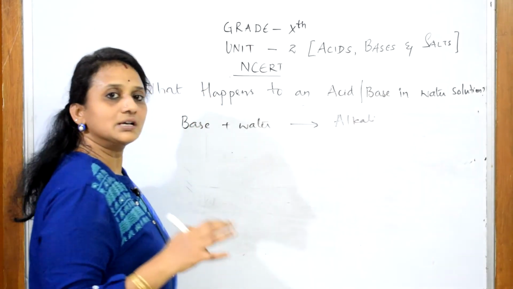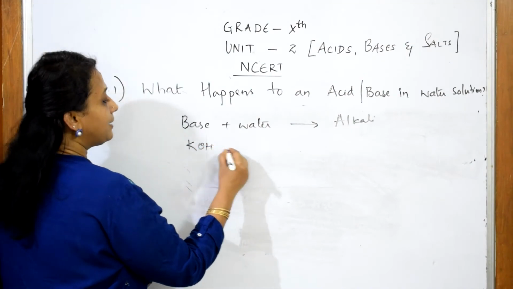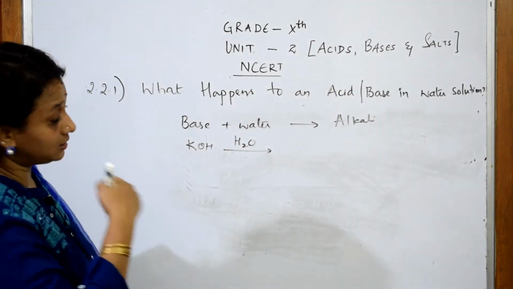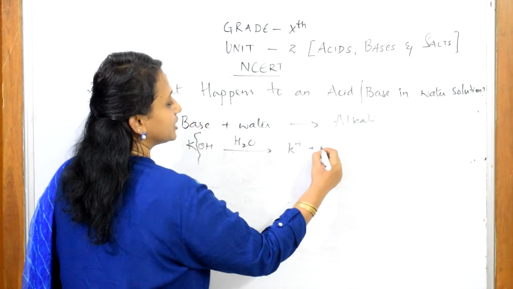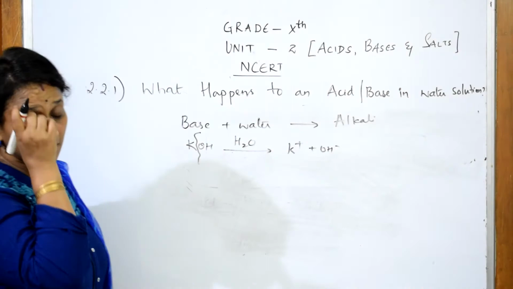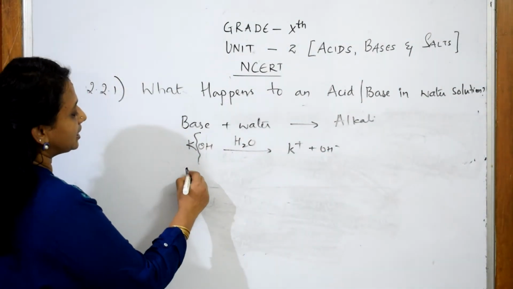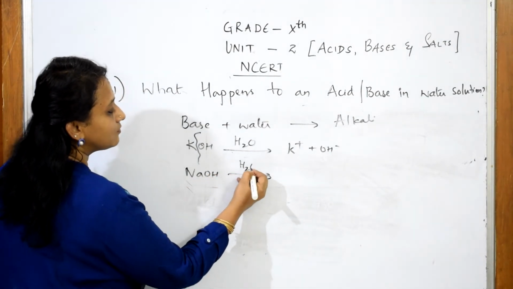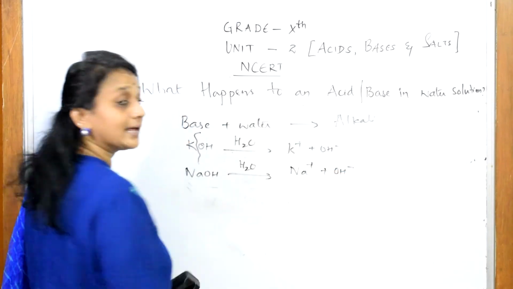Now suppose I am taking potassium hydroxide. I am dissolving it in water. What happens? Immediately in water, this breaks up into two ions, K plus and OH minus ion. Correct? Because of this, I call it a base. If I take again the simplest one, sodium hydroxide, I dissolve it in water, it will break up into a cation and an anion.